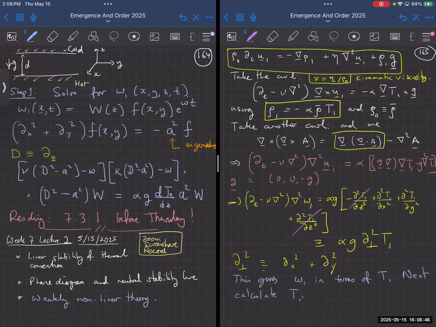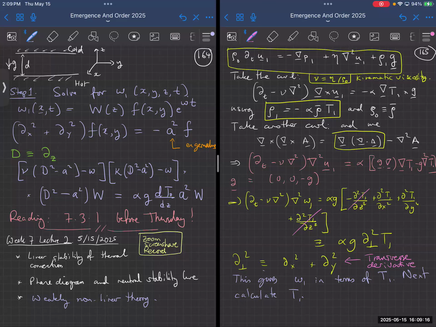And so what that means is that this whole term on the left-hand side is equal to the transverse derivative, meaning just in the xy plane. So remember, z is the direction going up. So if we were looking down on the convection from above, we'd be looking in the xy plane. And so now we want to look at the xy plane because that's actually where we see the patterns.